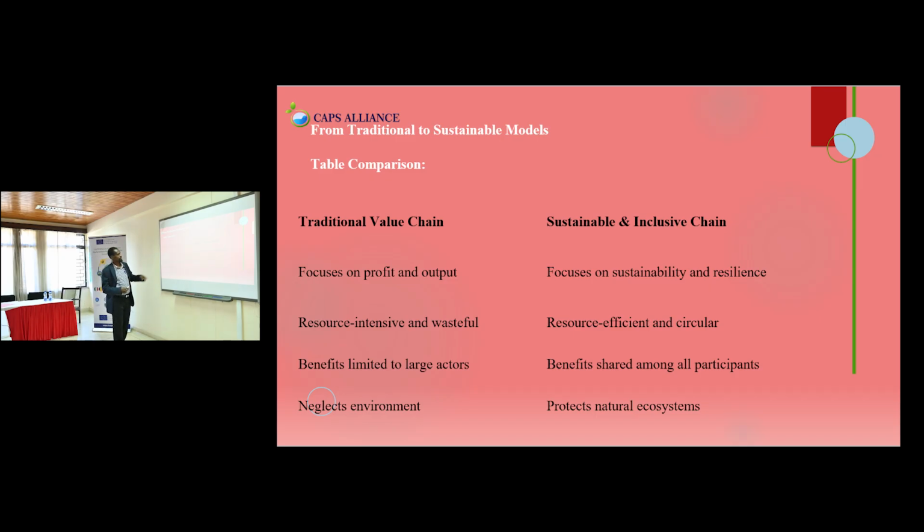But the sustainable and inclusive chain focuses on sustainability and resilience, something that can continue, like Kenya Breweries or the Coca-Cola company. It is sustainable and it's going to continue forever.